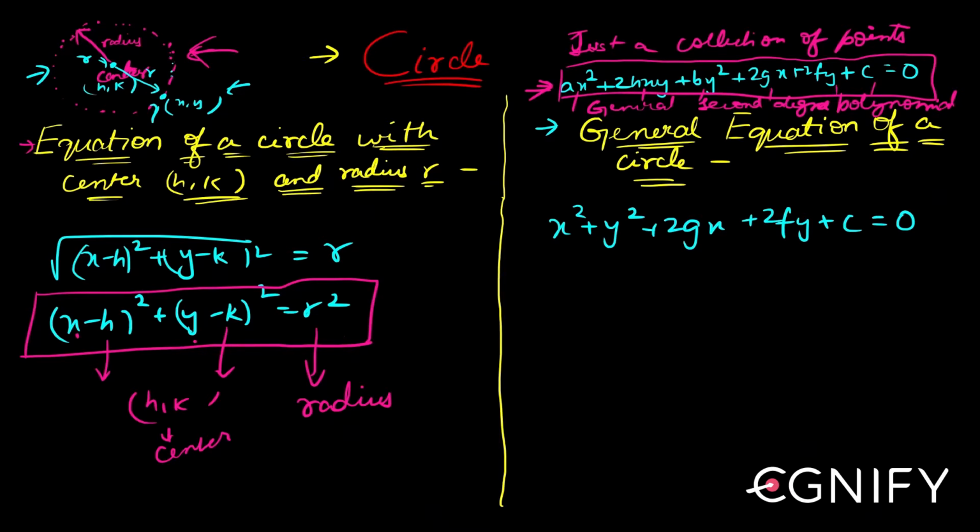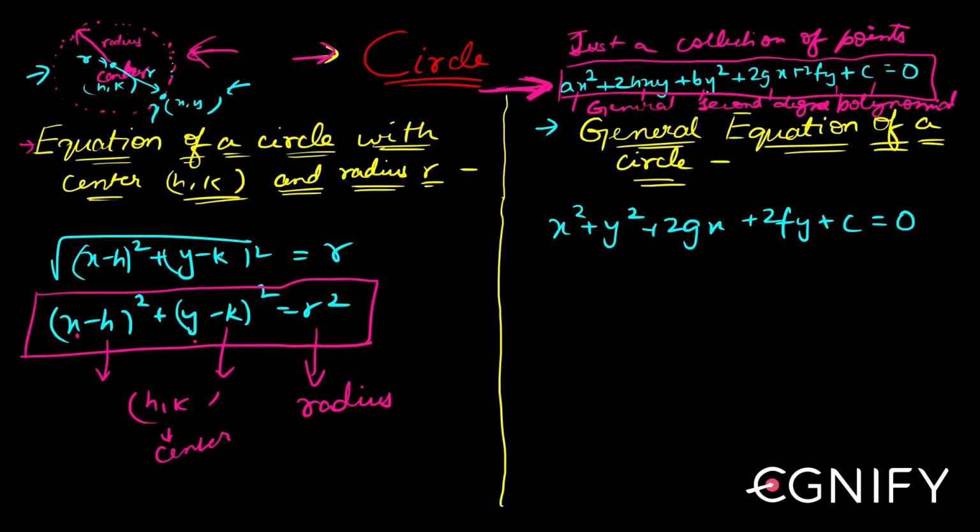The thing about this polynomial is it represents every geometrical figure in your 2D geometry, right? Everything that we will study, circles, next parabolas, ellipse, hyperbola, even the straight lines that you have studied, everything can be represented using this single equation.